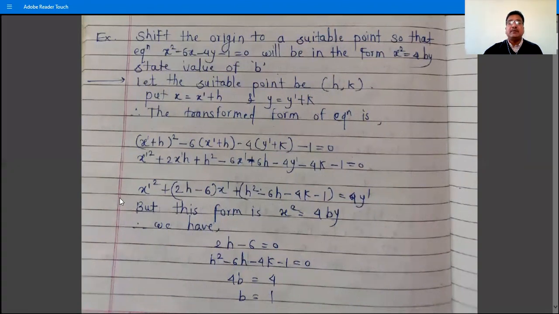If we compare these two equations, then what do we have? This form is what? x^2 = 4by.